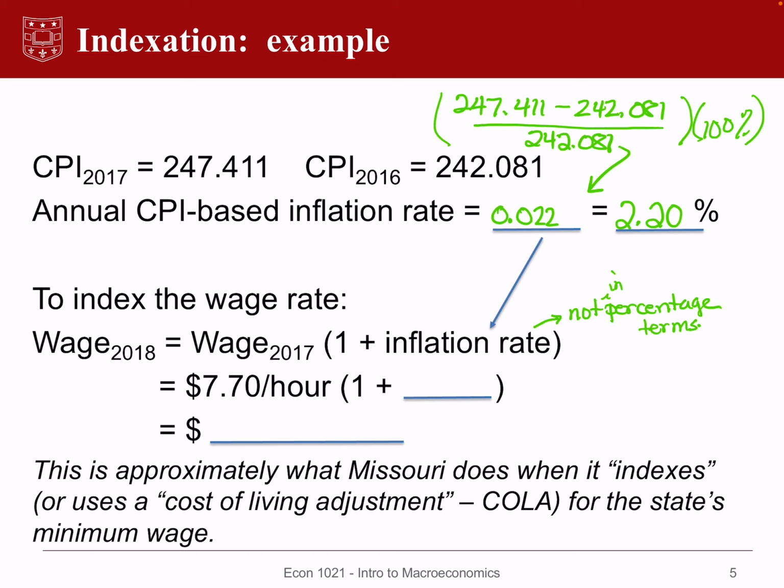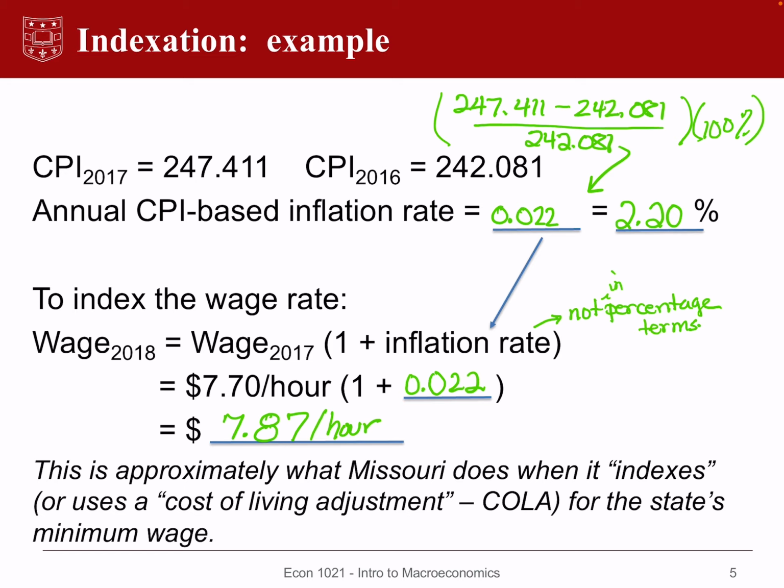The inflation rate, according to our consumer price index measure, would be 0.022. So we would multiply $7.70 times 1.022, and that would give us a nominal wage rate of $7.87 per hour.